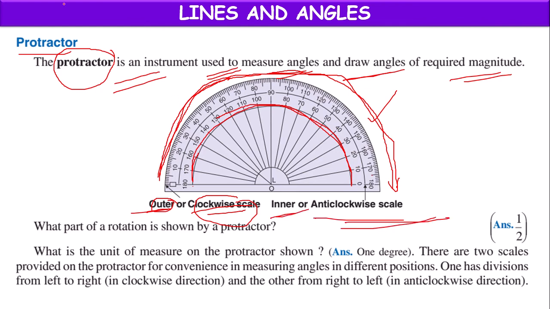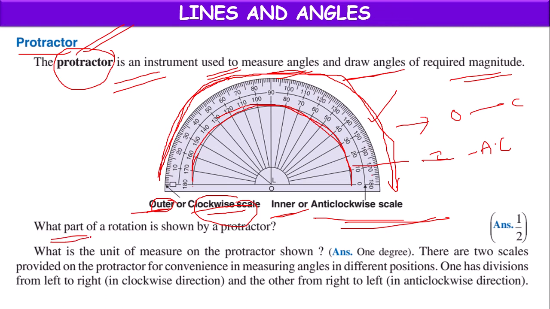So here protractor will be having two scales. One is outer scale or clockwise scale, and another one is inner scale or anti-clockwise scale. Like that, it will be having two scales.